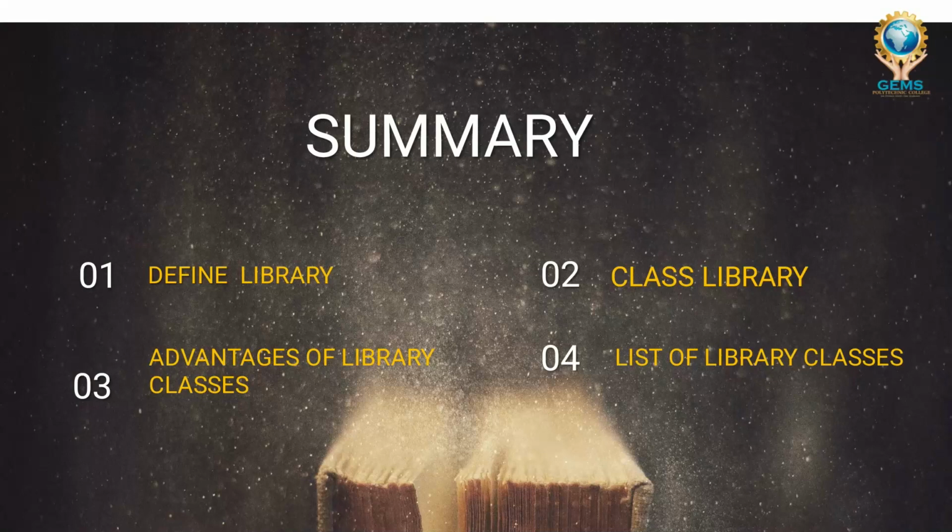Then I discussed class library: pre-written, default, and already designed by a programmer, so the user will access it. A library class is a bundle of features provided to the developer, to the user.